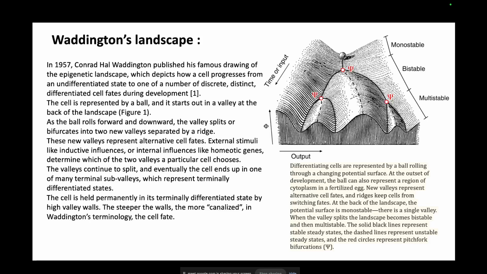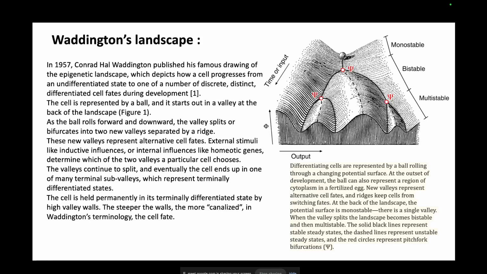So this is a very good paper. I do not remember what paper it is, but you can just Google Waddington's landscape, and it will tell you in great detail. So this bistability and the bifurcation from a bistable to a monostable state, going through that process, is influenced by a lot of stuff like external stimuli, homeotic genes, it can be epigenetic stuff.